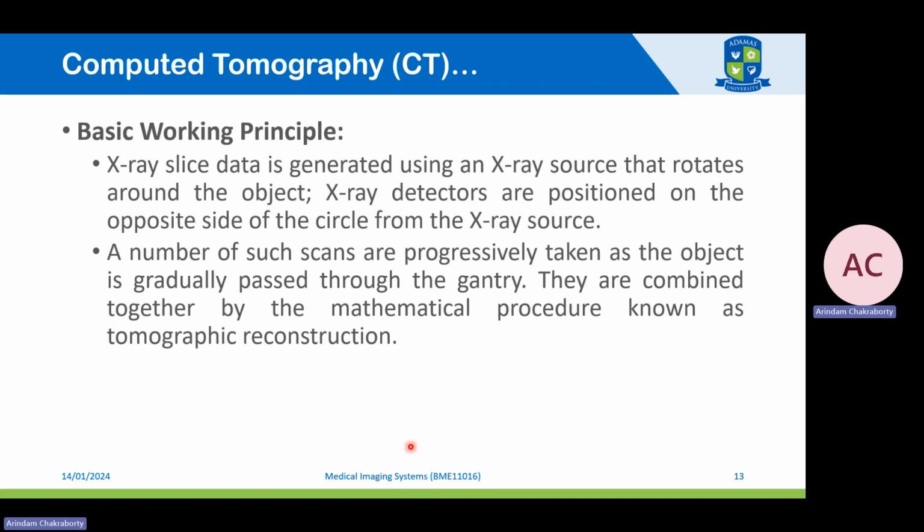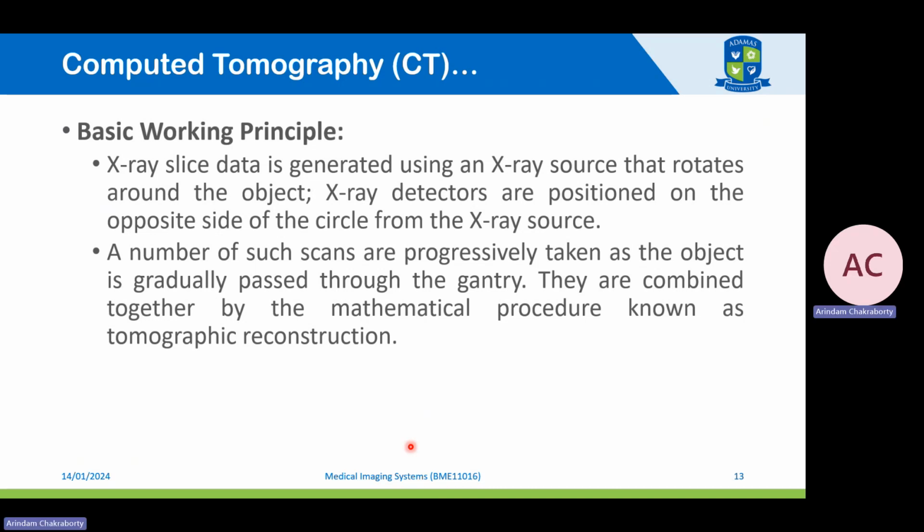Therefore, the computed part comes in to generate cross-sectional images or slices, as we have talked about earlier. These slices are called tomographic images and can give a clinician more detailed information than the conventional X-ray.